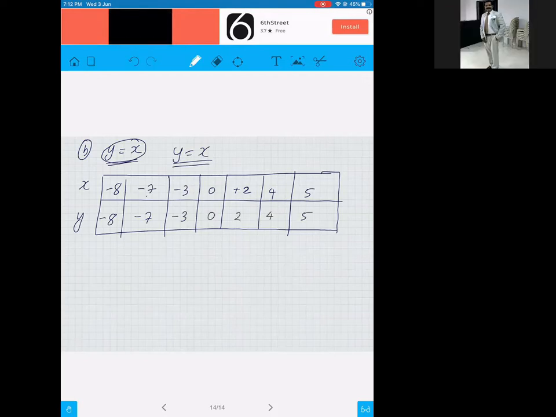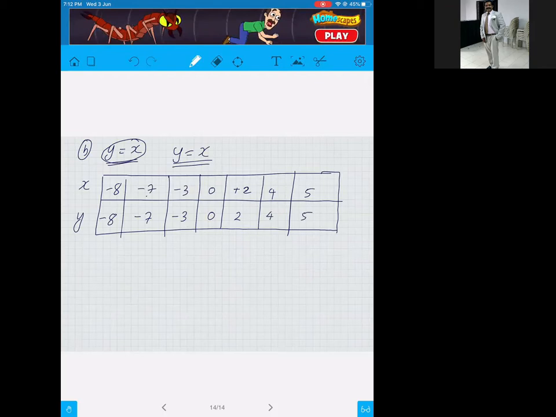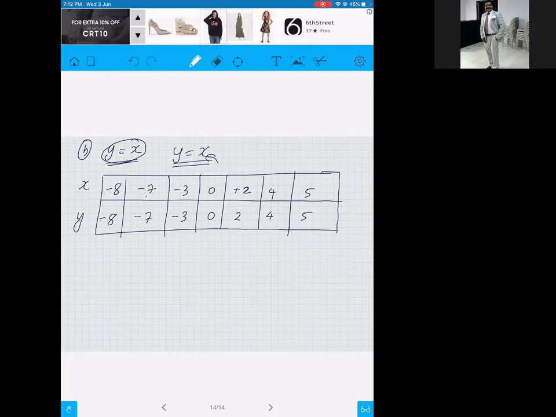You simply plug in the value of x to get y. So -8, -8, -7, -7, -3, -3, 0, 0, 2, 2, 4, 4, 5, 5.